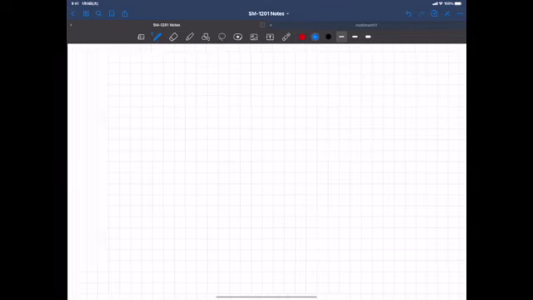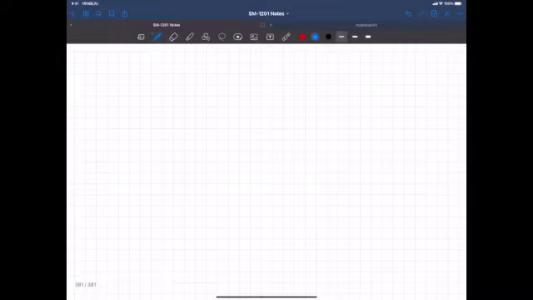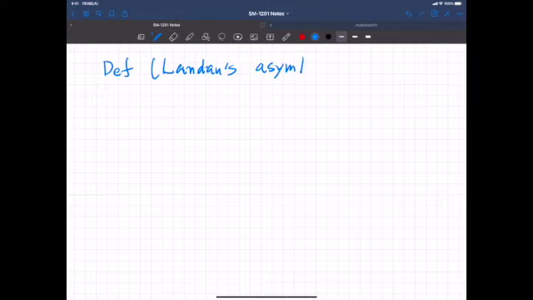Next, we define a new notation, which is of great convenience. That's called Landau's asymptotic notation.